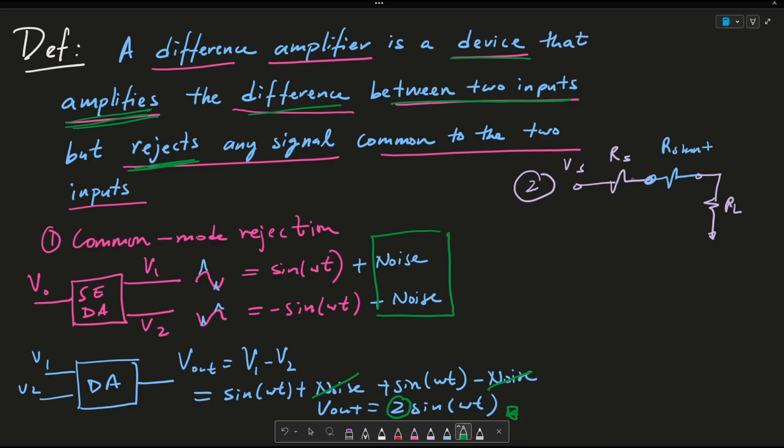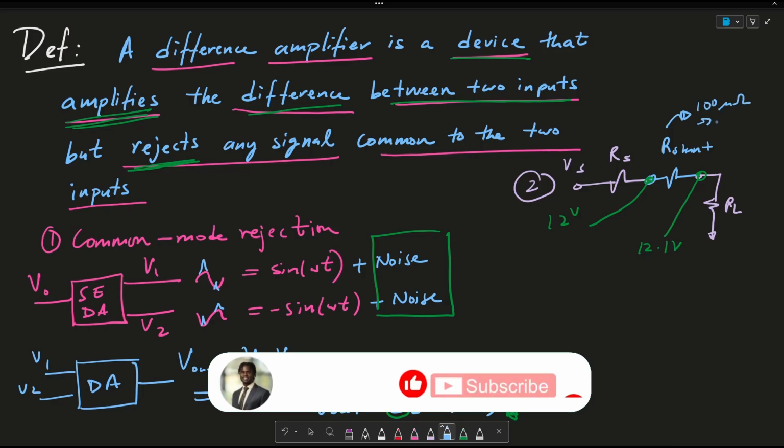Now, just imagine that after my VS drops across my RS, I'm left with 12 volts here, and here I'm left with 12.1 volts. And in order to have such a negligible voltage drop, this shunt resistor value has to be around 100 microohms to around 1 milliohm.